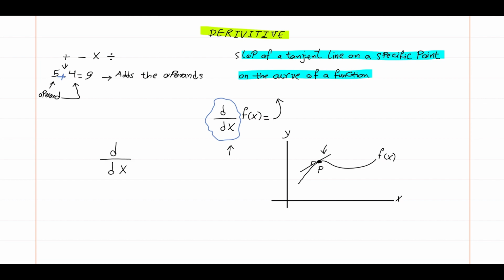Most commonly x. We differentiate a function, f of x. You will also see y's, where y is a function of f of x. So you can just plug in f of x here.